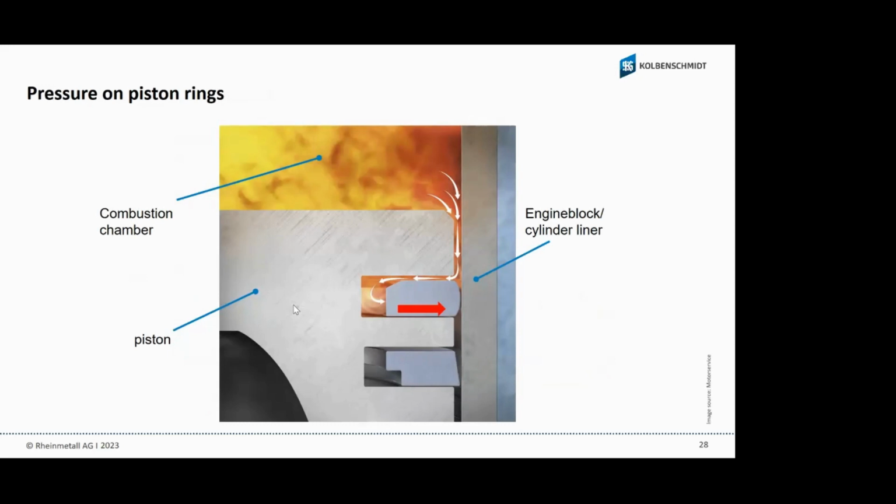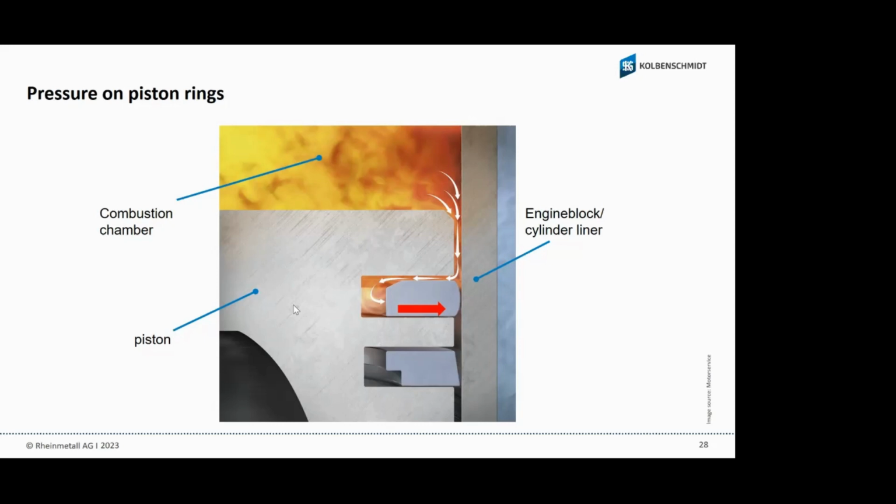When the engine is under load, the turbocharger brings a lot of pressure into the combustion, and the combustion pressure is much higher. The piston ring jumps because of its own tension to the surface of the cylinder liner.